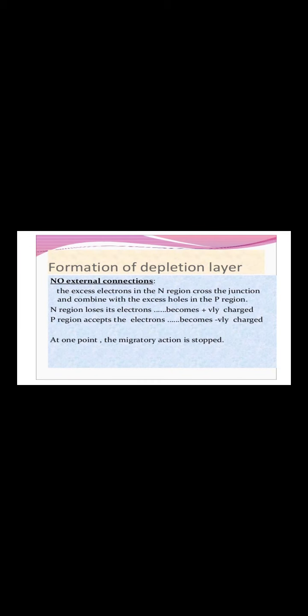Then the question is the formation of the depletion layer. How is the depletion layer formed? If we combine p-type and n-type semiconductors, between the p-type and the n-type there is a band gap, which is the depletion layer. With no external connection, the excess electrons from the n region cross the junction and combine with the excess holes in the p region, and the depletion layer is formed.